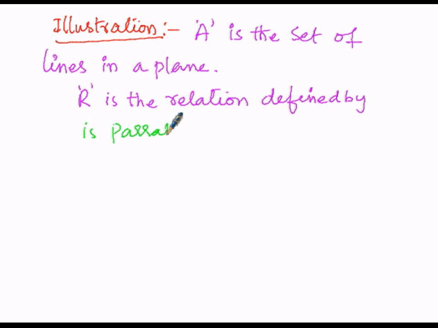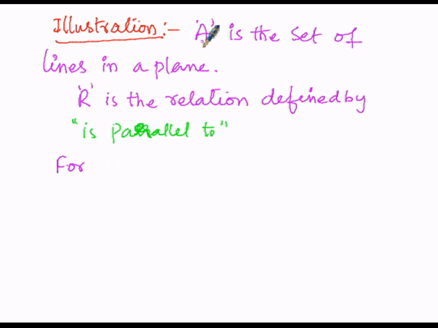The property of this relation is "is parallel to". We are assuming two lines in that particular plane.